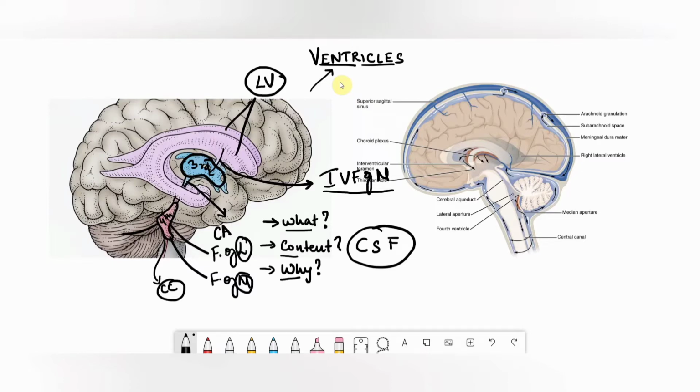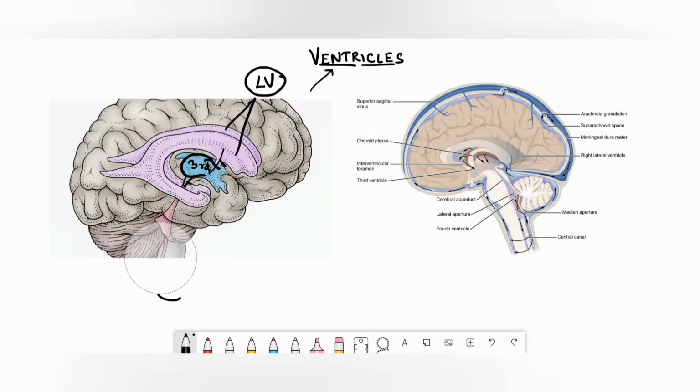So the foramen through the middle is called the foramen of Magendie. The fourth ventricle continues into the spinal cord as the central canal, and a little bit of the CSF exits through these 3 foramina into the subarachnoid space, which I'll be talking about now.